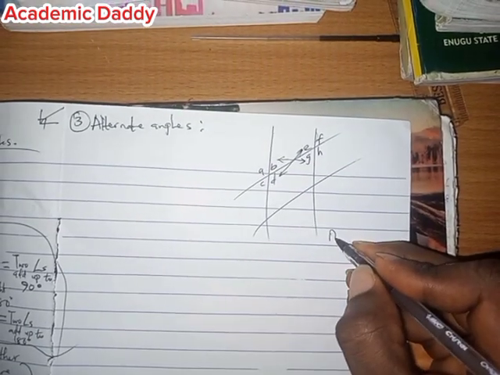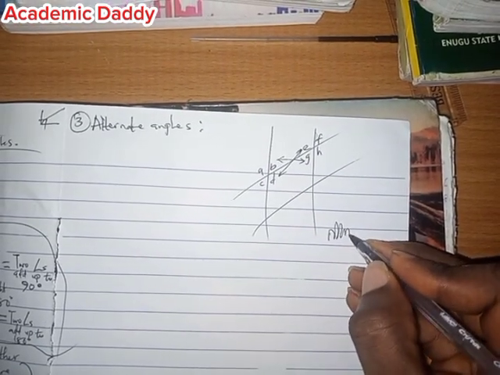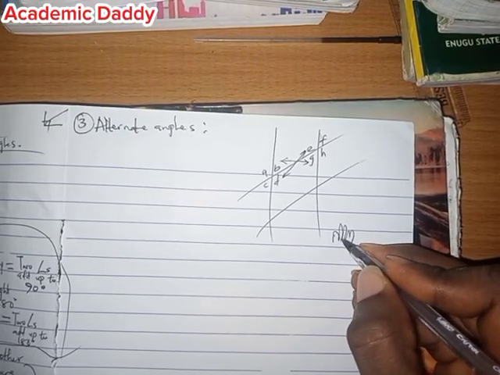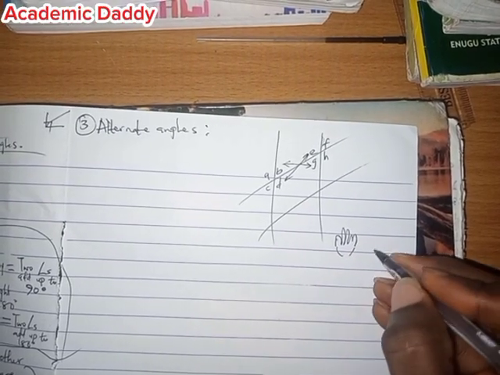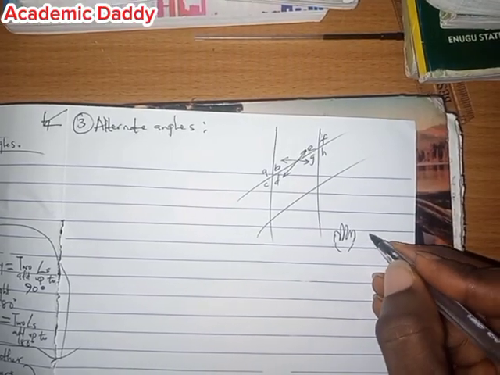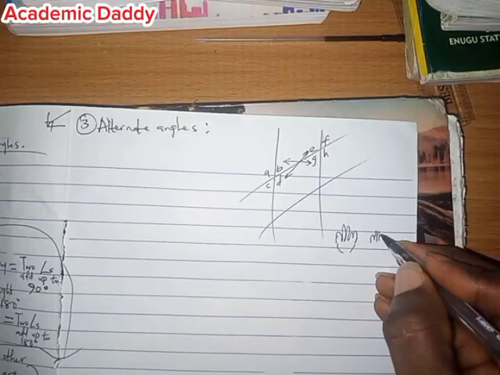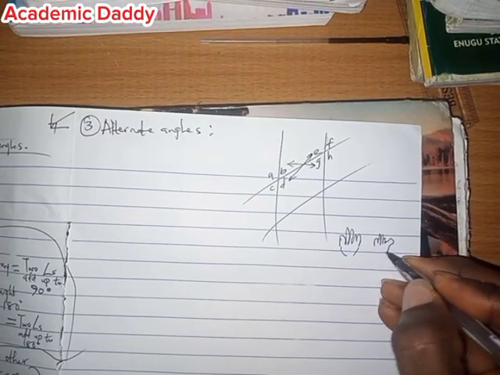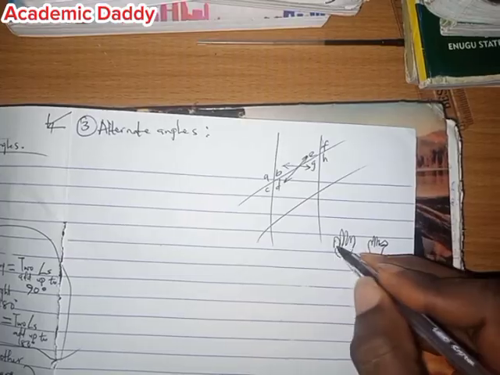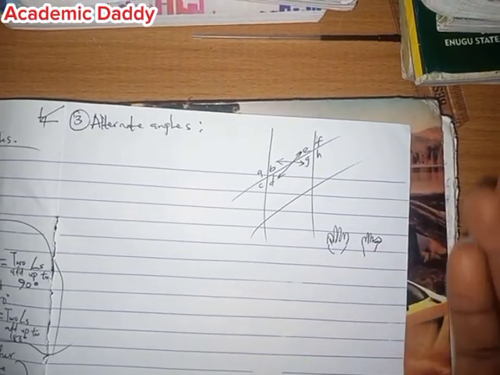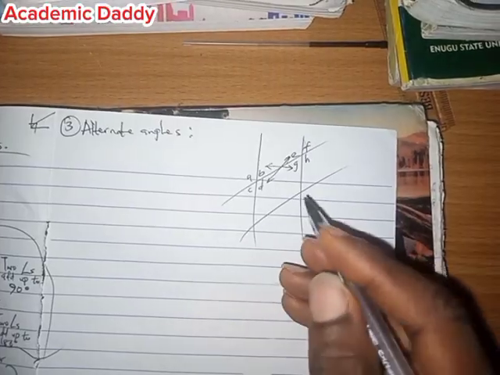If I have my left hand like this, by the time I come and place the right one, the thumb will be on this side, this other thumb will be on this side for it to be facing. So it's just the same approach.